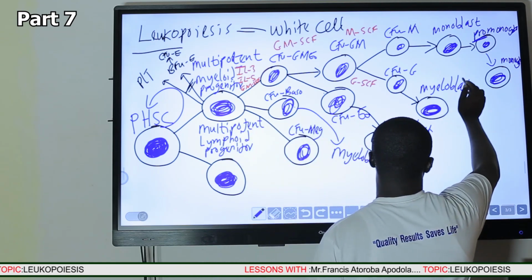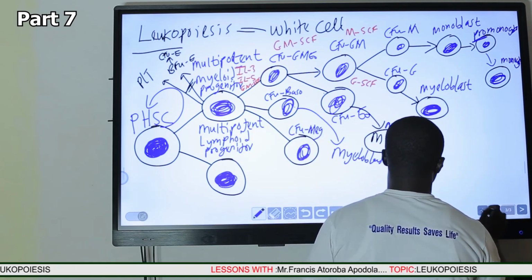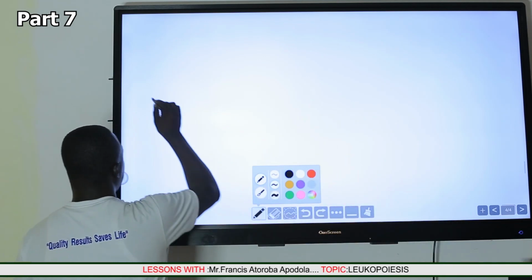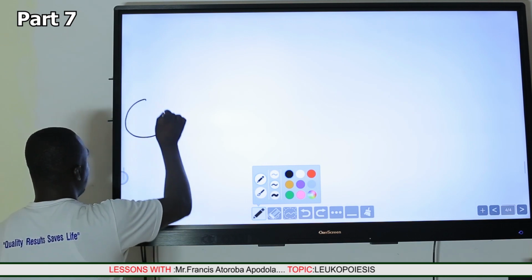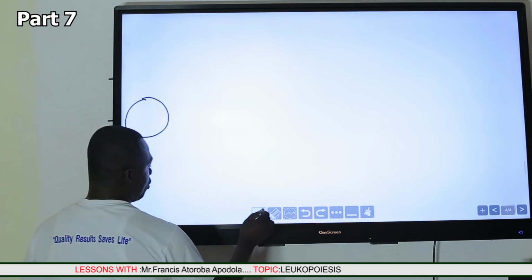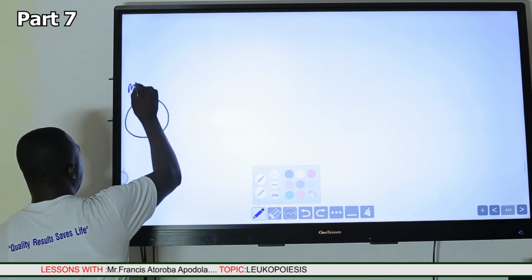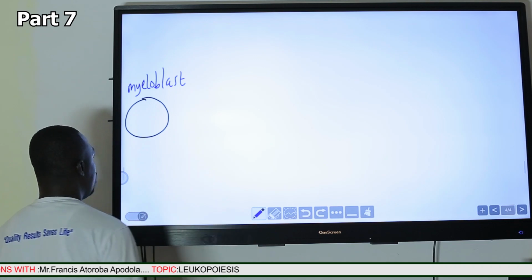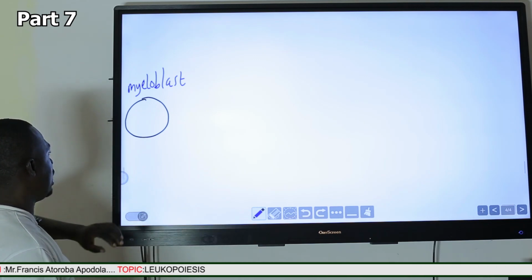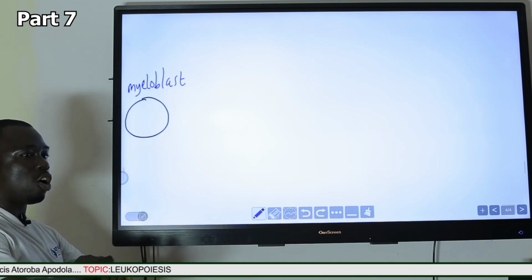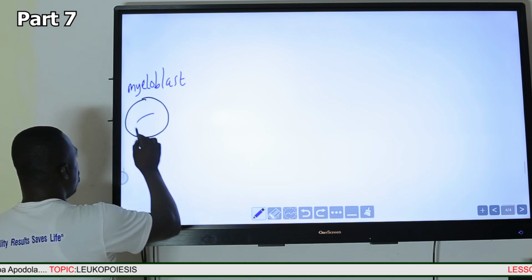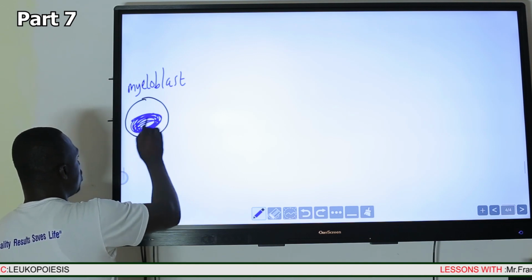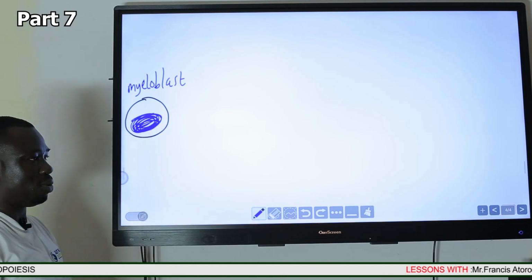So from the myeloblast stage, what we have here is the myeloblast. And this myeloblast technically is the precursor cell for all the granulocytes, whether eosinophil, basophil, or neutrophil.